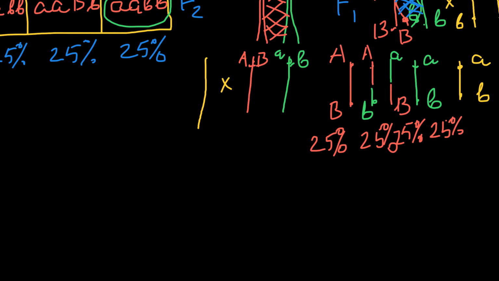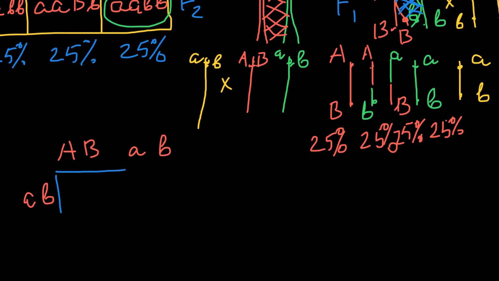So again, if we assume that allele A and B are very close together, what's going to happen? Parent 1 would produce gametes capital A, capital B, and small a, small b, and the second parent of the test cross can only produce recessive allele a and recessive allele b.